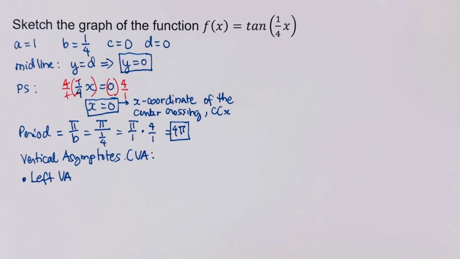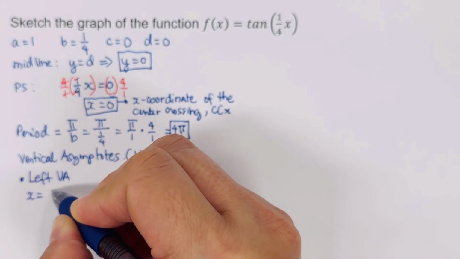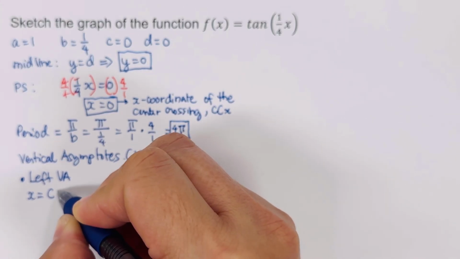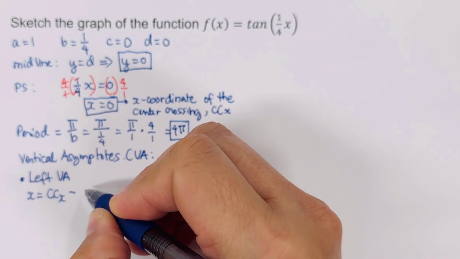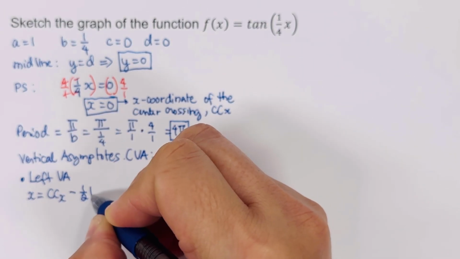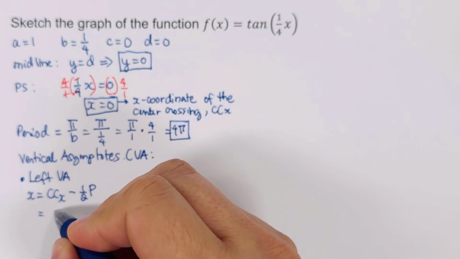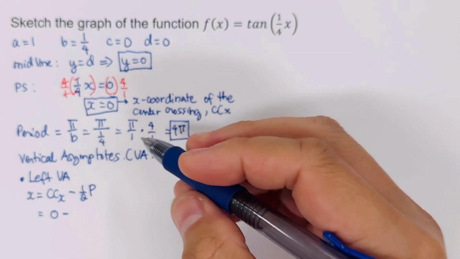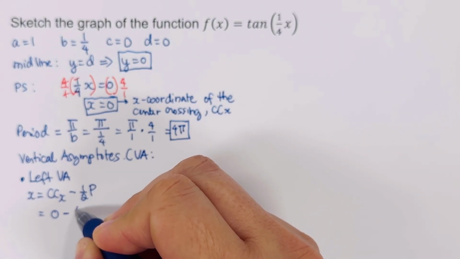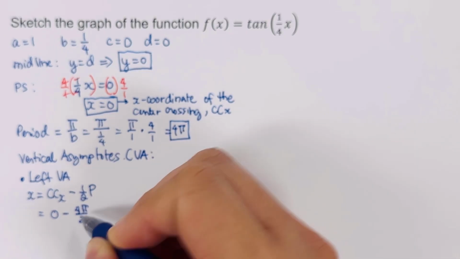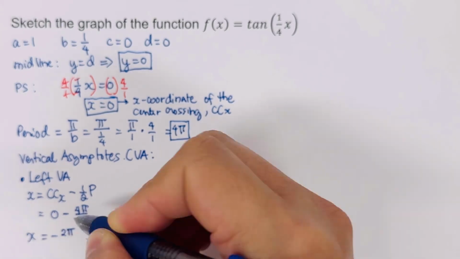The formula for the left vertical asymptote is x equals the x coordinate of the center crossing, subtracted by half of the period. In this case, our center crossing is at 0 minus half of the period. The period is 4 pi, so half of 4 pi is 4 pi over 2. This gives us negative 2 pi.